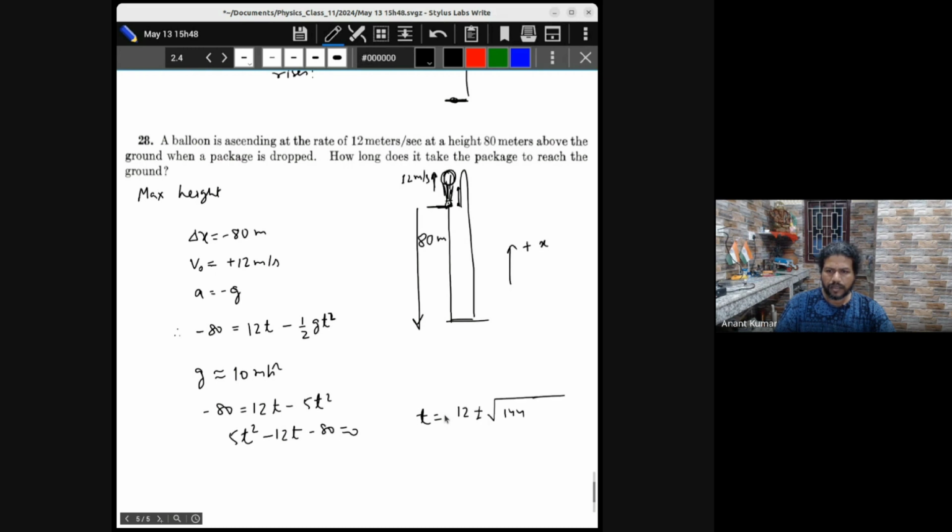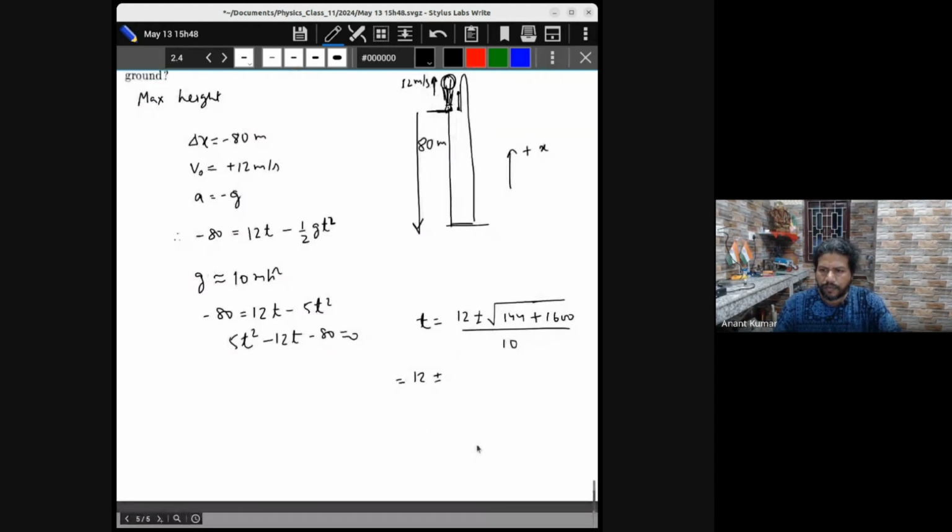B square minus 4ac comes plus 4 into ac, that is 20 into 80, is 1600. We get 12 plus minus root over 1744, in fact. Need to approximate a bit.